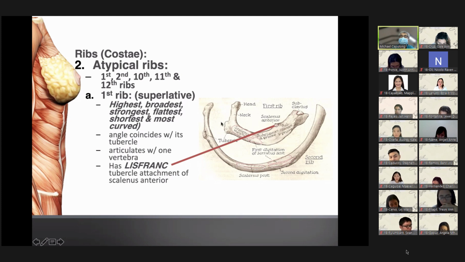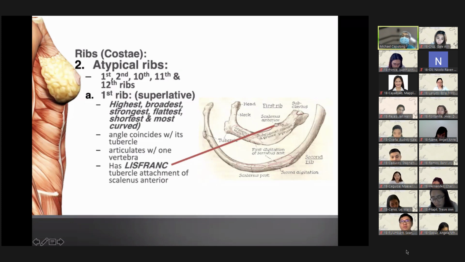So that's the angle, and this is your tubercle. It articulates with one vertebra, not unlike the others. This will articulate with successive vertebrae as it goes posterior.